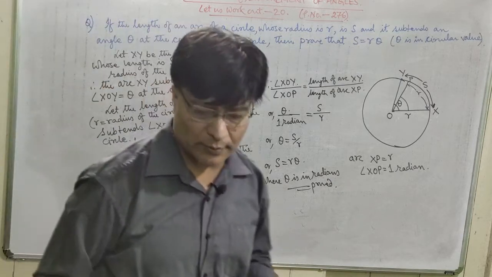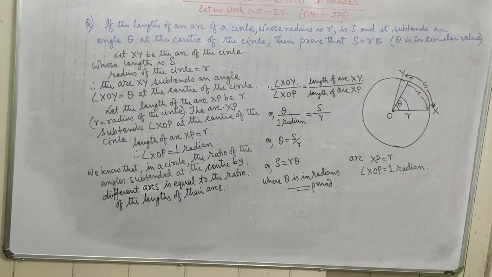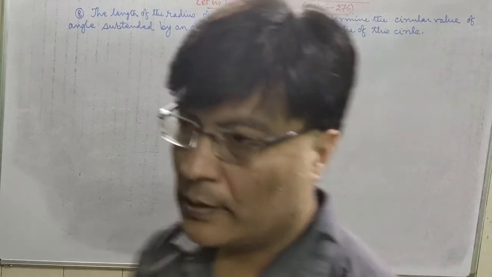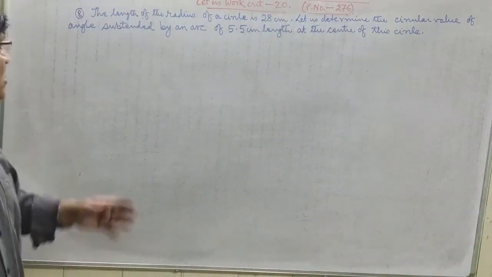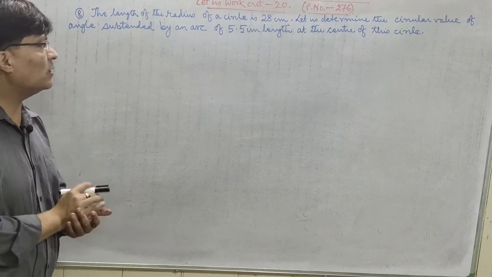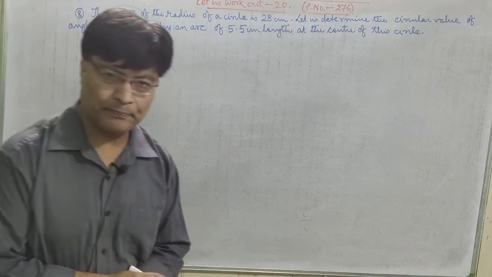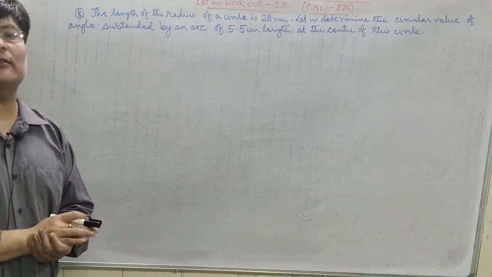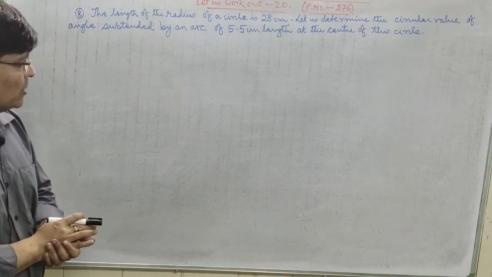Now we'll do a question from the book. The next question is question number 8. The length of the radius of a circle is 28 centimeter.